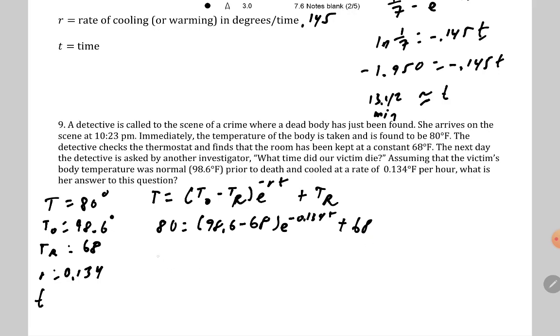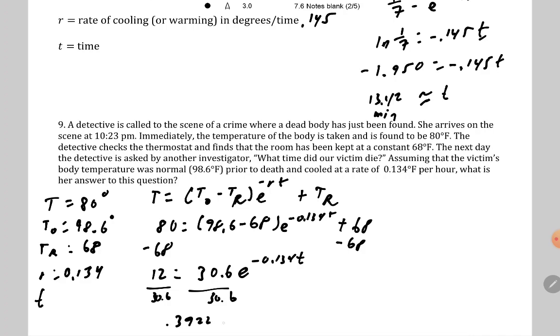So we're going to subtract 68 from both sides and get 12 equals 30.6 degrees e to the negative 0.134 t. And we divide both sides by 30.6 and we'll get 0.3922 equals e to the negative 0.134 t.